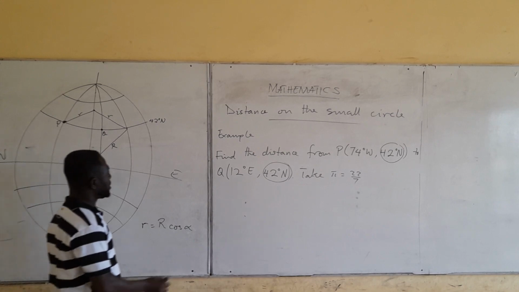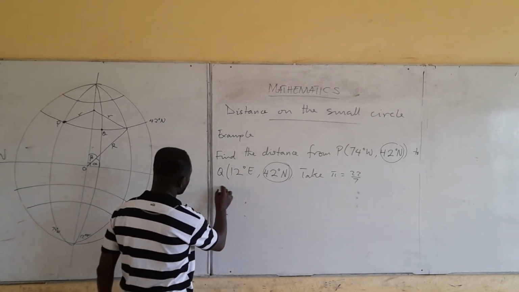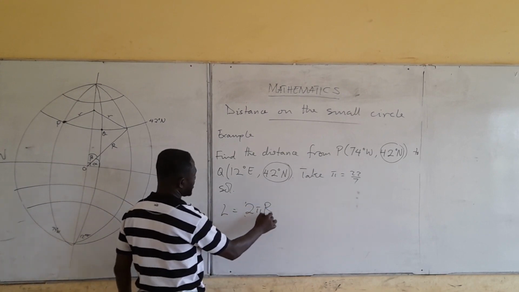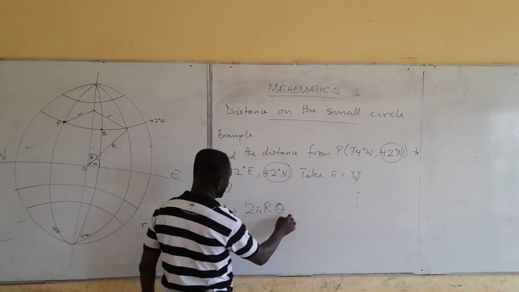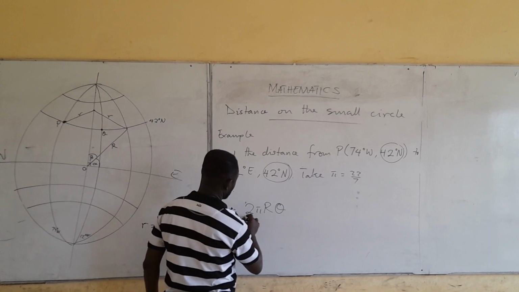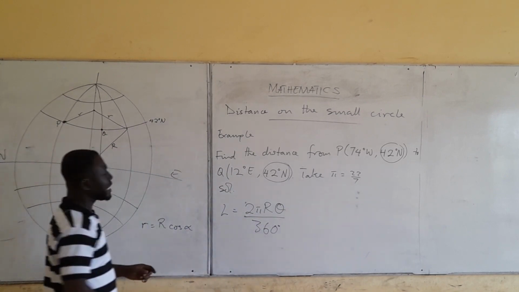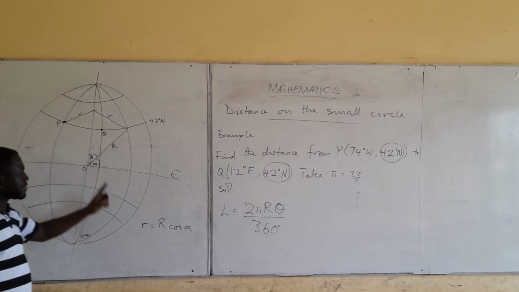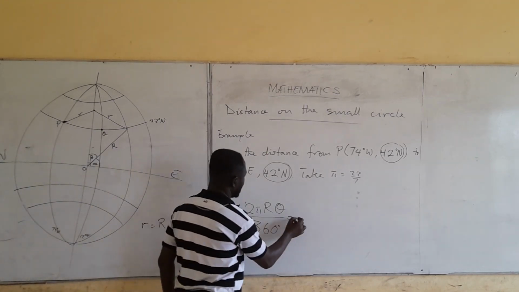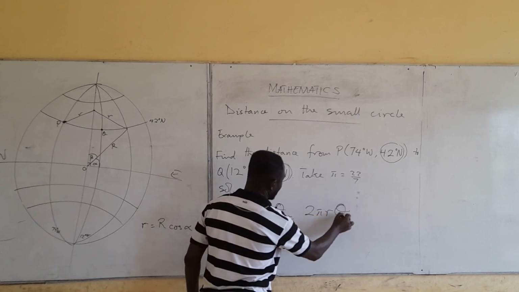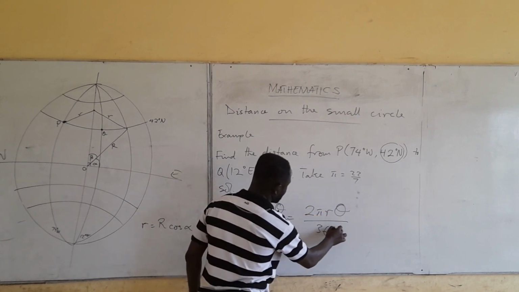So that is going to be my length of arc, which is always 2 pi r theta over 360 degrees. But since we are dealing with the small circles, we'll be interested in 2 pi small r theta over 360 degrees.